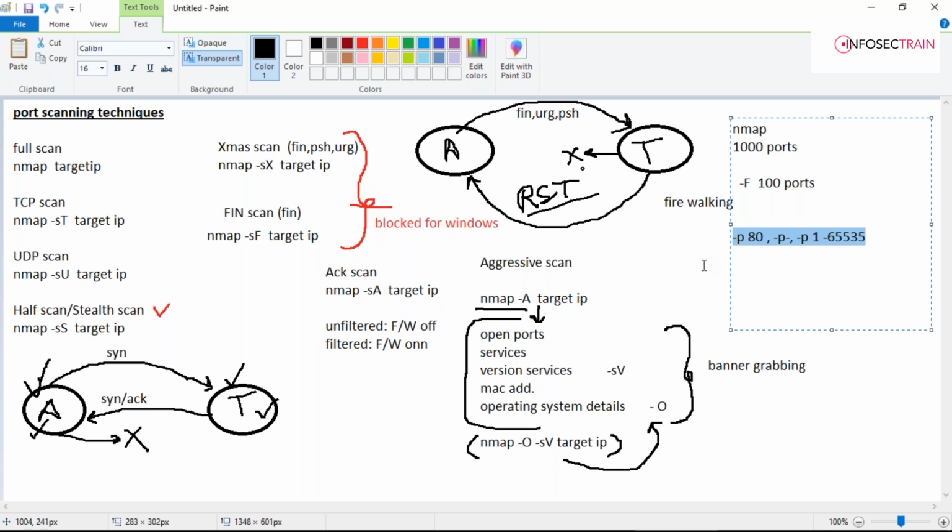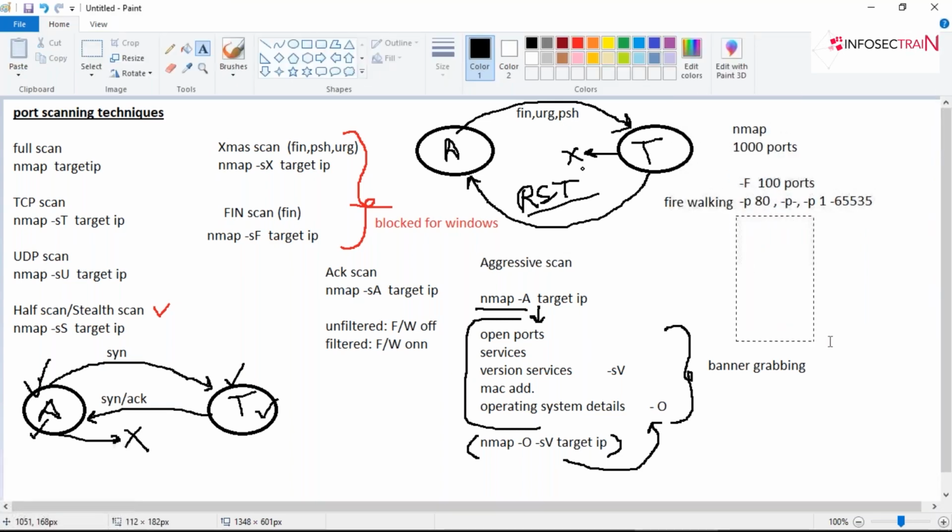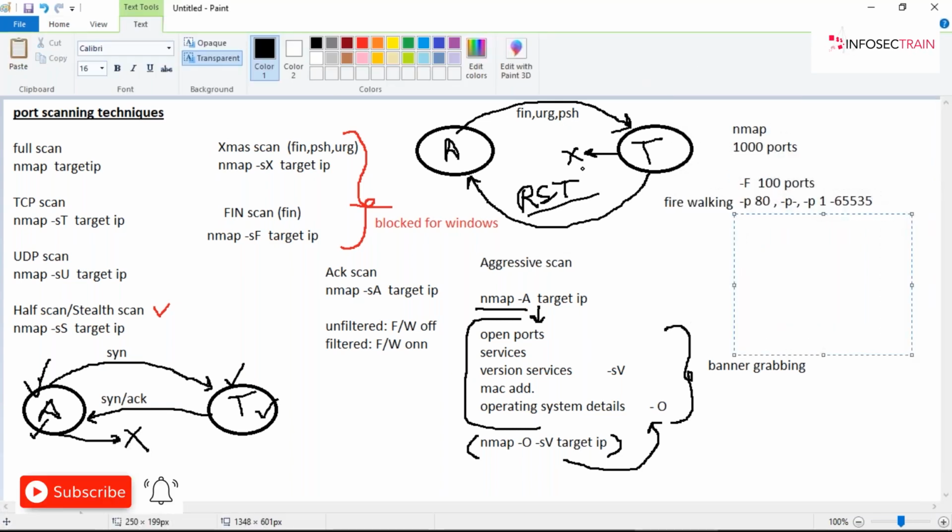Is it clear? One more thing, guys, in Nmap we even use throttling, that is speeds. We have the term that is known as throttling. So throttling, guys, has levels from T0 to T5. Your T0 is very slow and it is used to evade IDS.